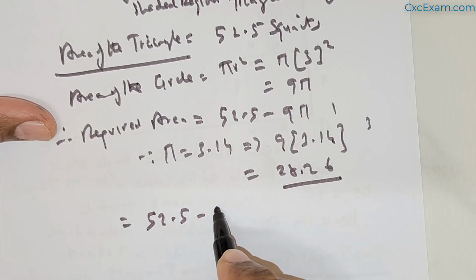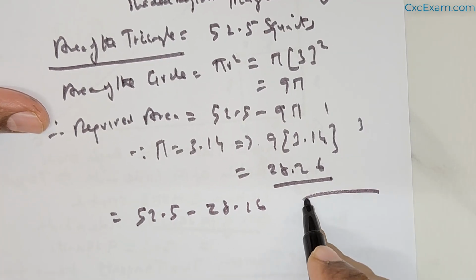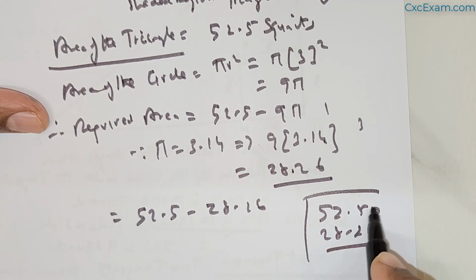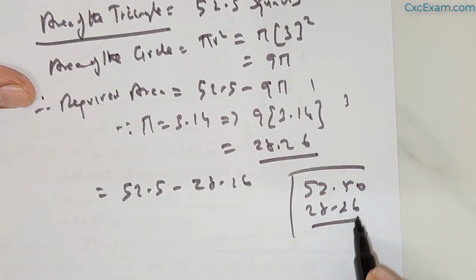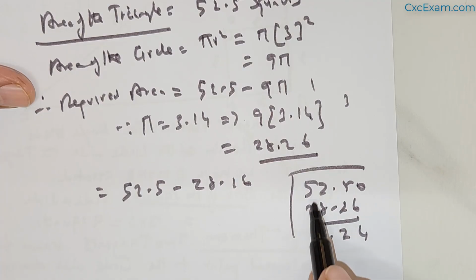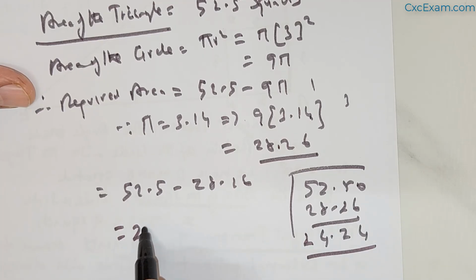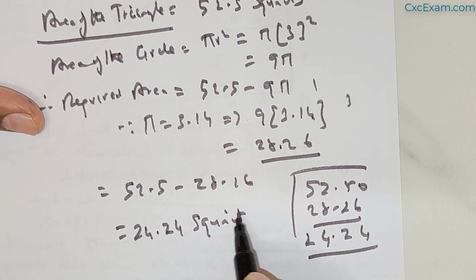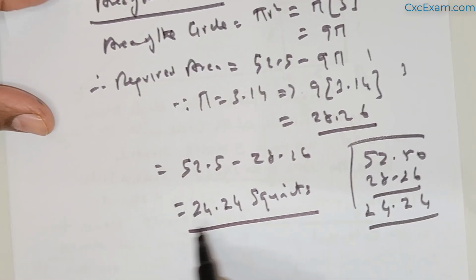So from 52.5 you subtract 28.26. You get 24.24 square units. This is the required area.